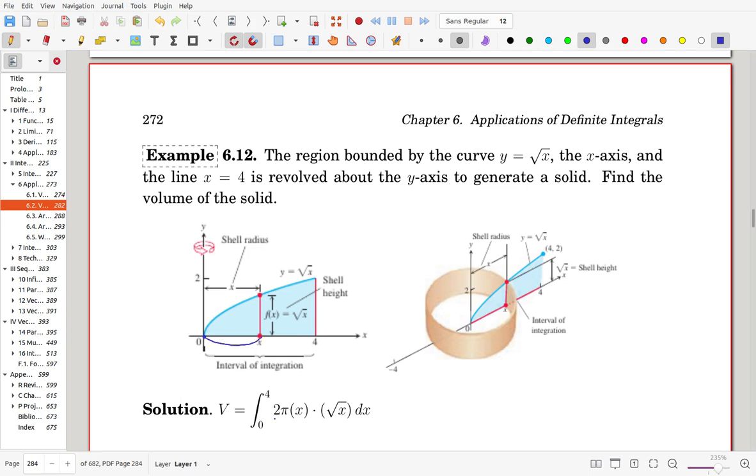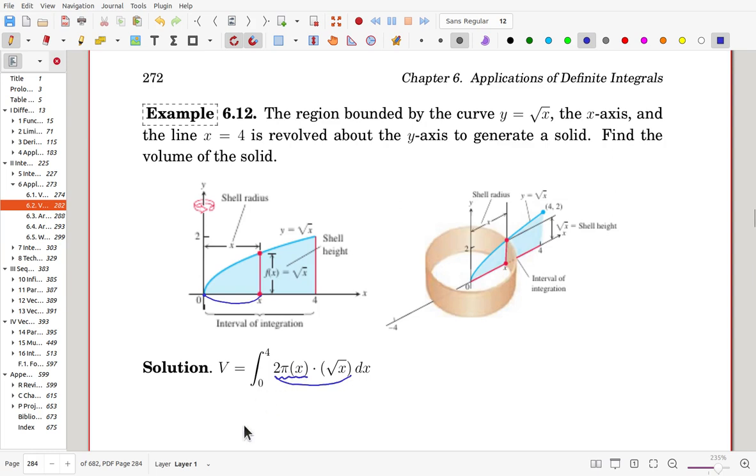So 2 pi r. And the height is the y value, so square root of x. So that whole thing is the area of the thin shell. If you finish the computation and evaluate the integral, then that will be the answer. Okay, let's do it.